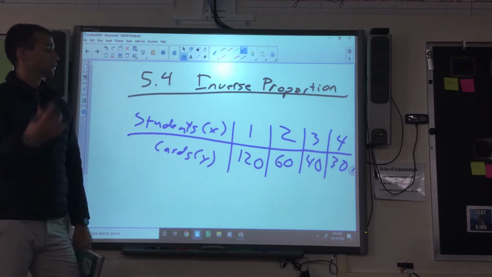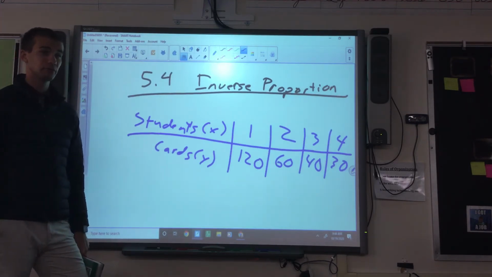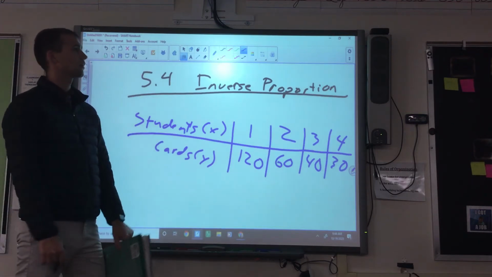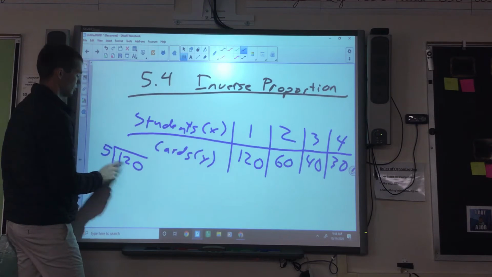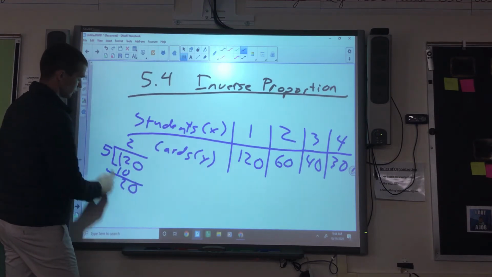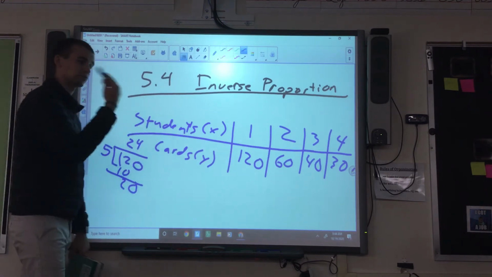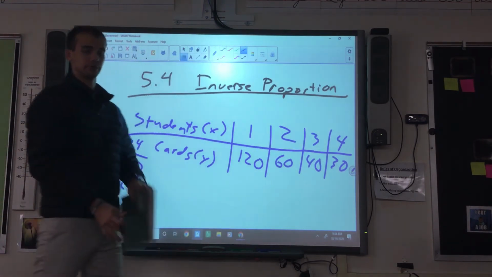If you were to do it to 5, 120 divided by 5, let's see, I don't know why I'm blanking on this. Goes in 2 times, 5, 10, you got 20 left, 5, 24, you'd have 24 per student. And it keeps on going gradually down, down, down.